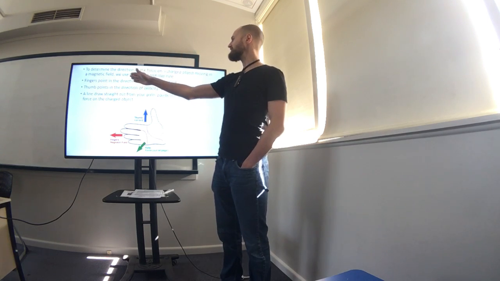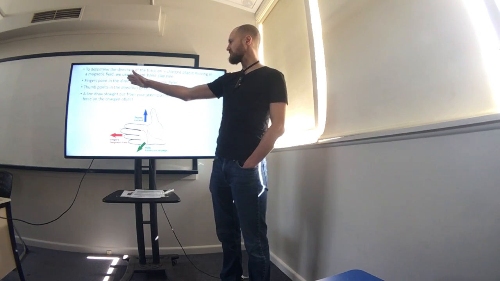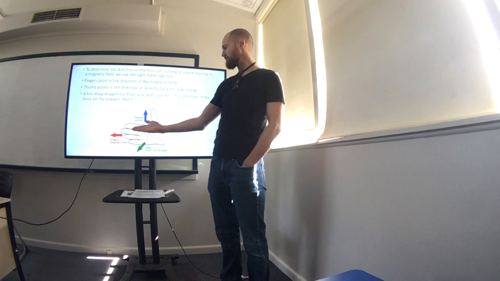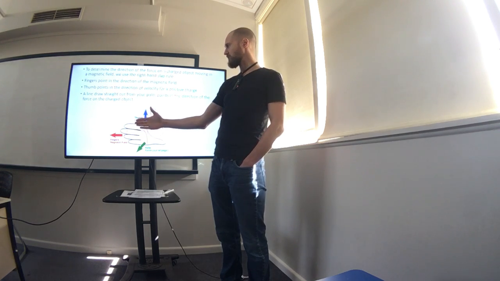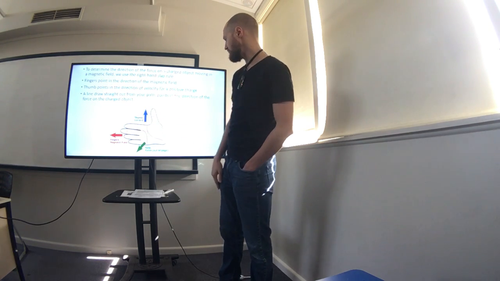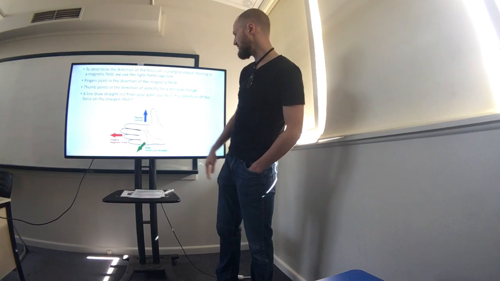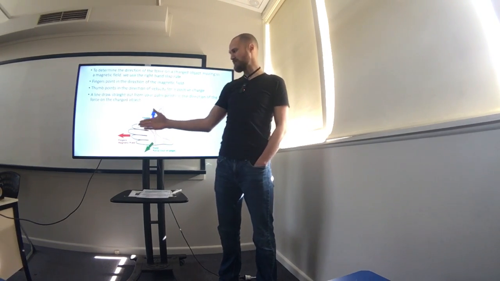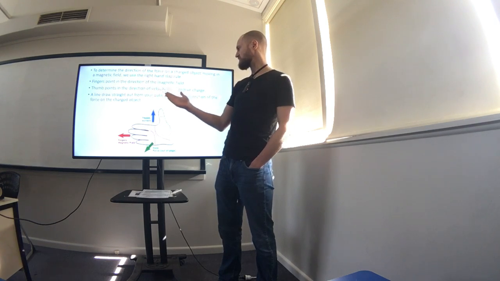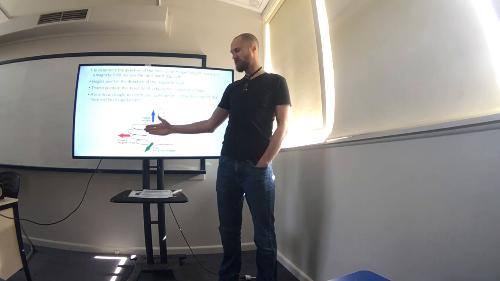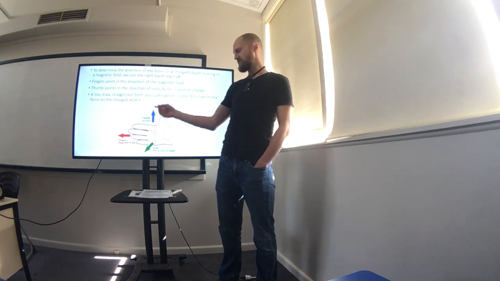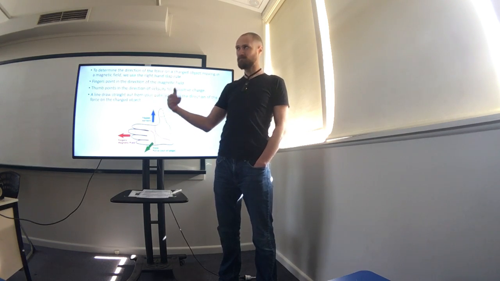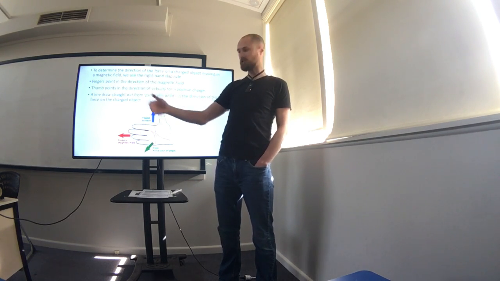It's called that because of how it looks. The convention we use is that your fingers point in the direction of the magnetic field, your thumb points in the direction of the current. It says current, but it's basically in the direction of the velocity for a positive charge. If you remember from last lesson, we say that current is the direction of positive charge movement, even though that's not actually true.